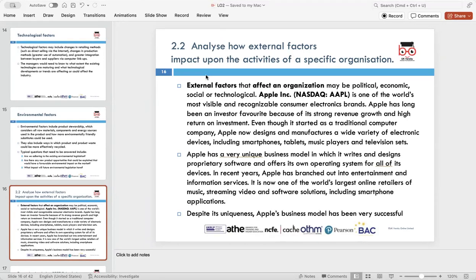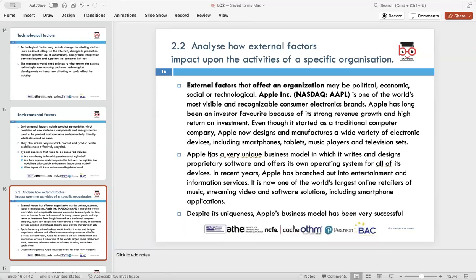Analyze how external factors impact upon the activities of specific organizations. One can consider political, economic, social, or technological elements as external influences that have an impact on organizations.